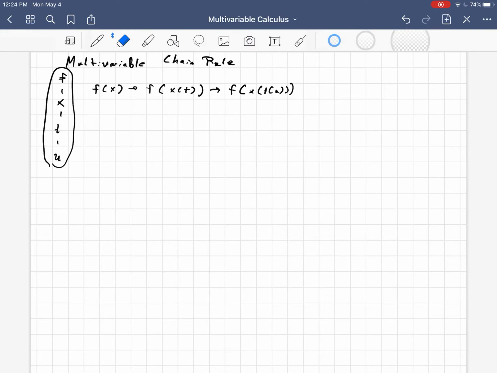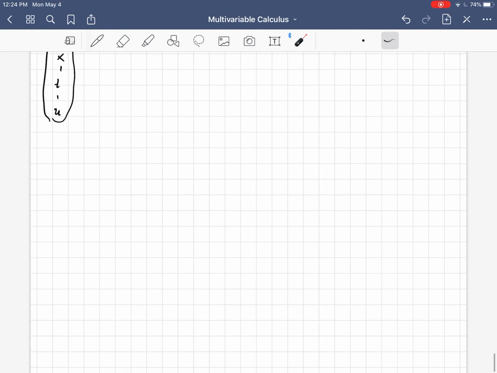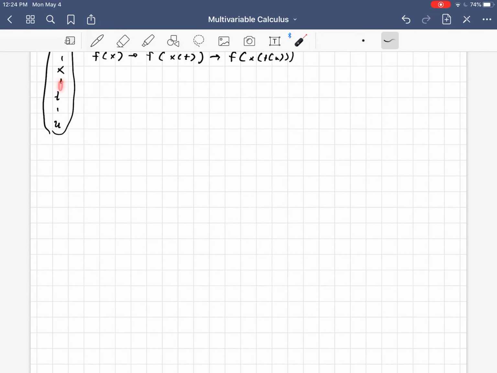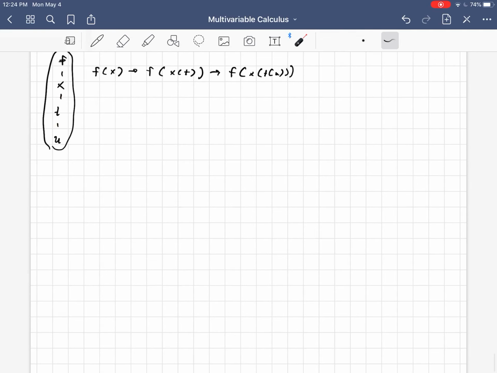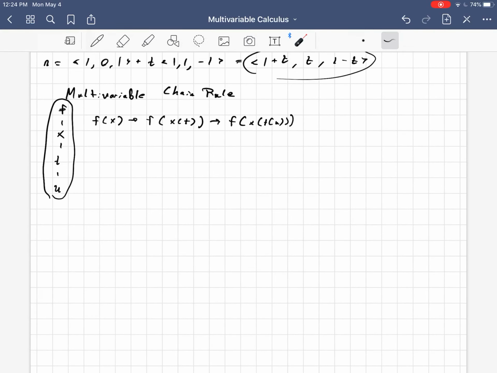And so the idea is that in Calc 1, we just had functions like, say, f or y, whatever you want to call it, which then depended on x, and then we could say maybe x depended on some other variable t, and then maybe t depended on some other variable u.